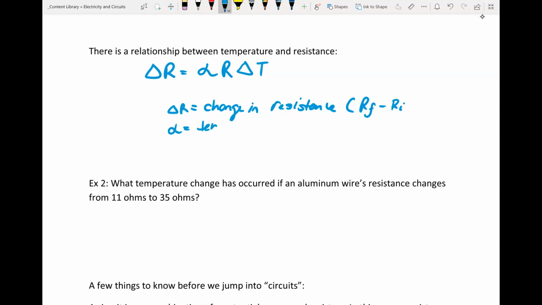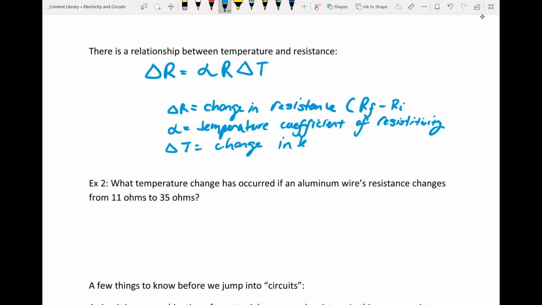Then this is the temperature coefficient of resistivity. We also have the change in temperature. And lastly, R is the resistance at temperature initial.